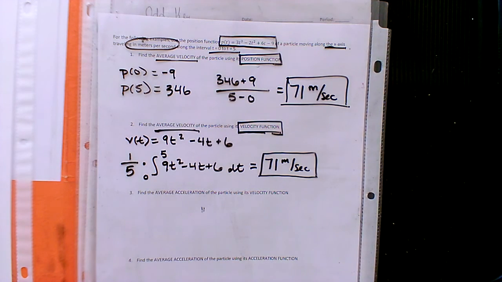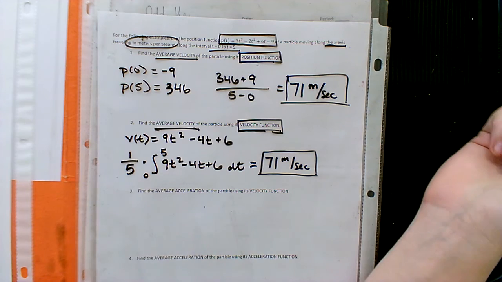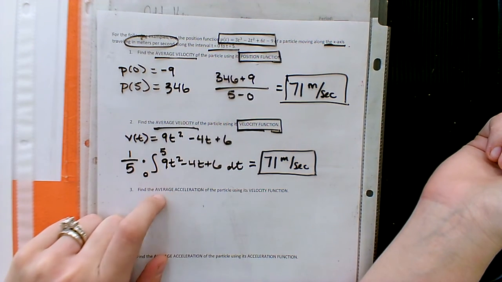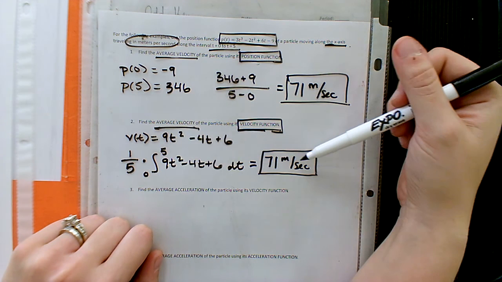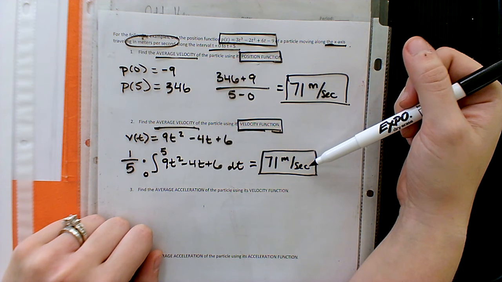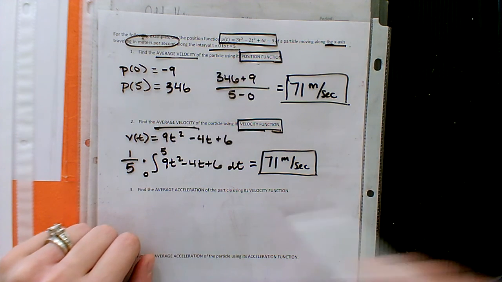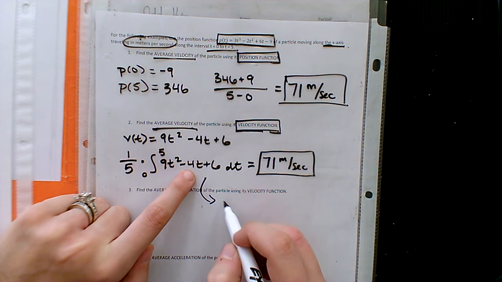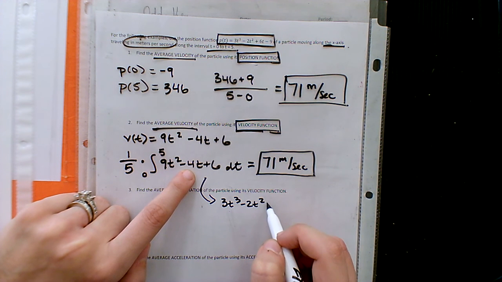Yes? Mine's not a stupid question, but I'm just kind of confused. Sure. So like that thing on the left, the 1/5 times the integral. Whenever we say equals, on the right side of equals, if we weren't to use a calculator, we just do the thing that we did up top, right? Essentially, yeah, because if you did this by hand, if you worked backwards, you would get the position function.